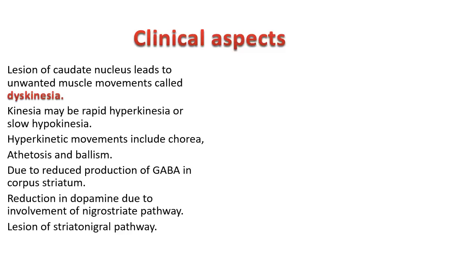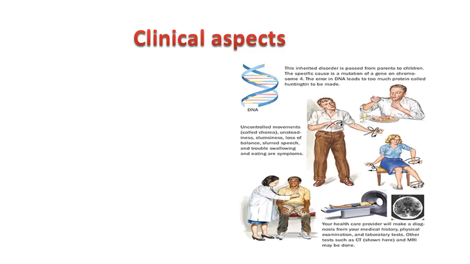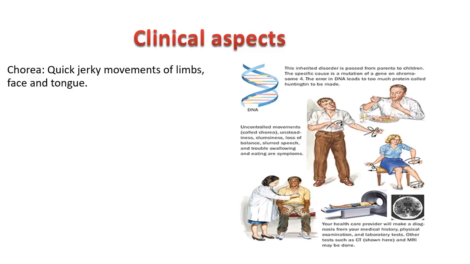Again, the corpus striatum has reciprocal connections with the substantia nigra, to and fro connections. So mainly you come across chorea, quick jerky movements of limbs, face and tongue. Now you know the term choreography, from where it originated. Quick movements of the face, limbs and tongue.